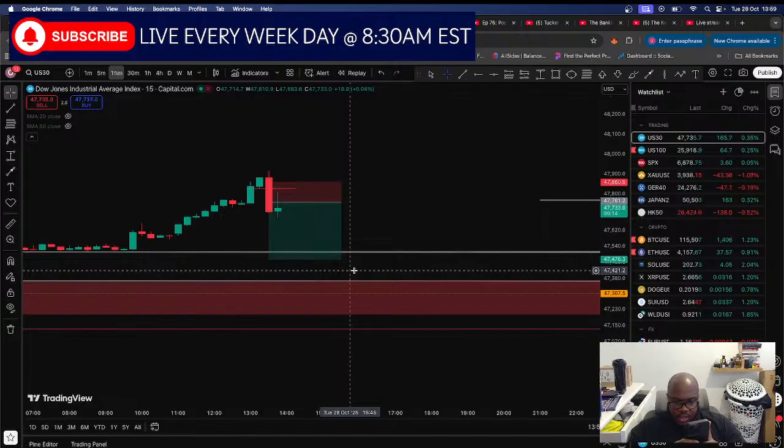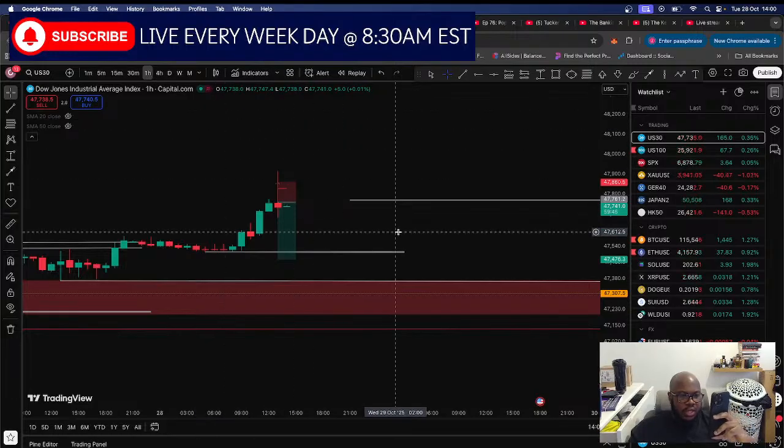And it does seem like we're having some buyers come in. So let's watch what happens over the last 10 seconds of this candle. No, it's not as aggressive as we wanted. Let's see if this newly open candle will give us some bearish momentum.